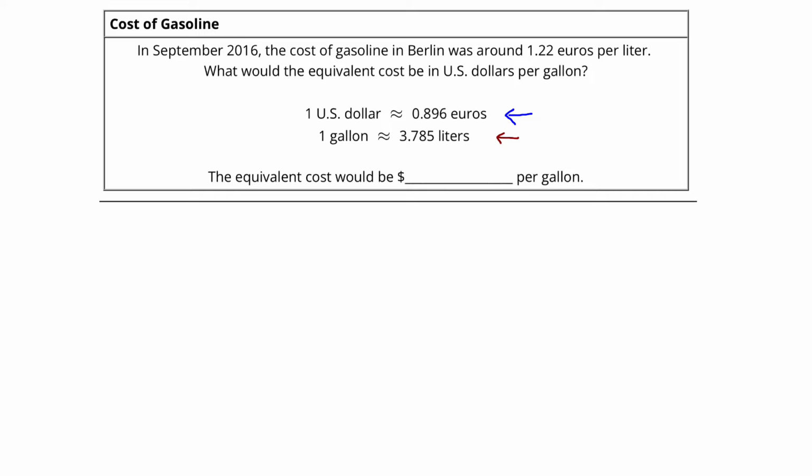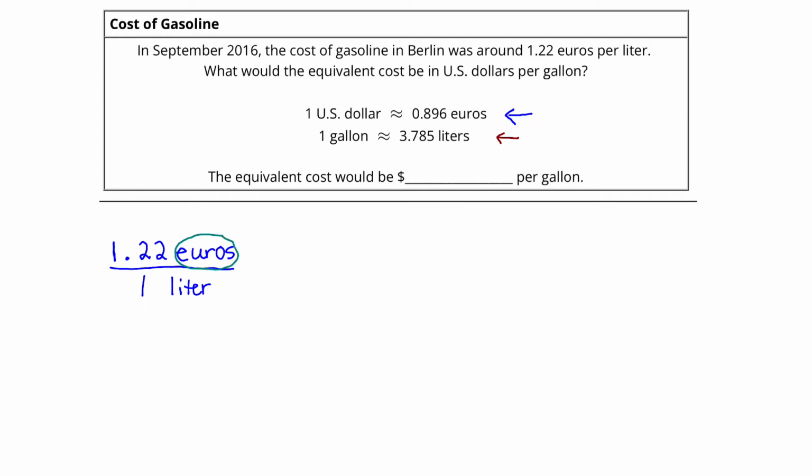So I'm going to write down what's given to us. That is, namely, that we are given the relationship that in Berlin, the cost of gas is 1.22 euros per liter. So I'm going to write down 1.22 euros per, or divide by, 1 liter. And I'm going to focus on the euros because that's what I want to cancel.